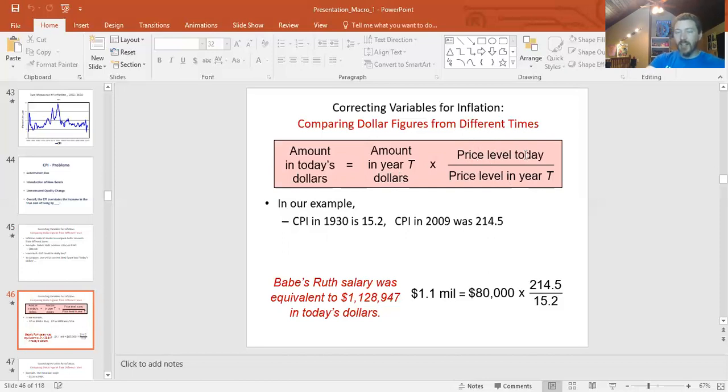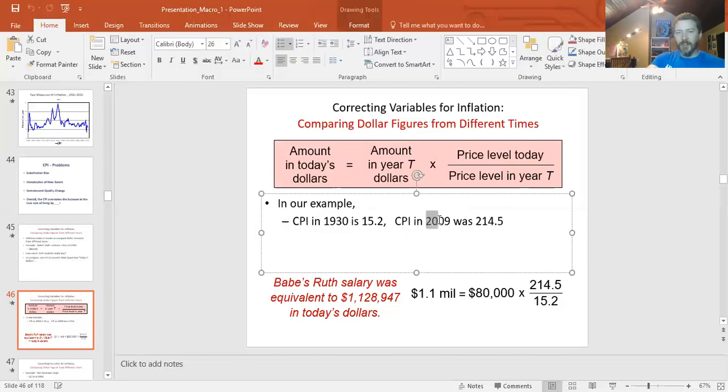If the price level today is 200 and the price level back then was 100, the base year, the ratio is 200 divided by 100. That just tells you the prices have doubled. Whatever that ratio is, it gives you a sense of how much prices have increased overall. Just multiply that ratio by the old dollar figure, and that gives you the dollar figure in today's dollars.